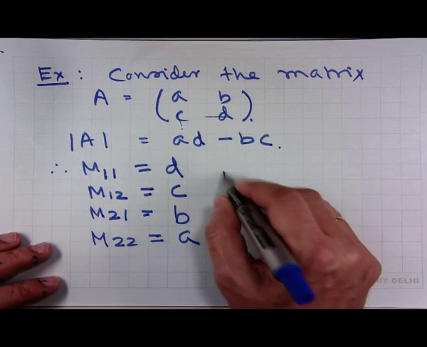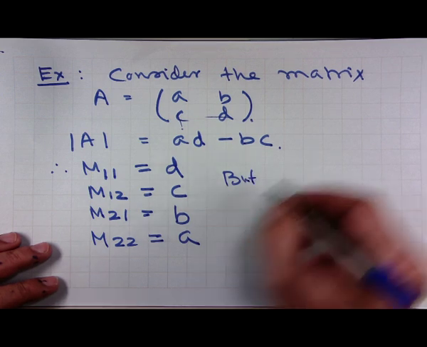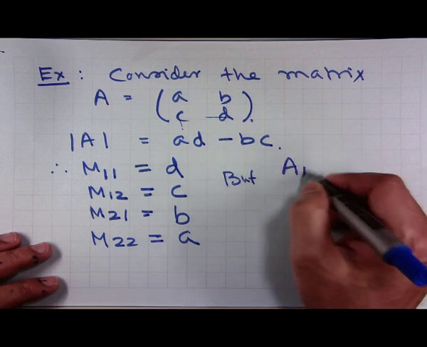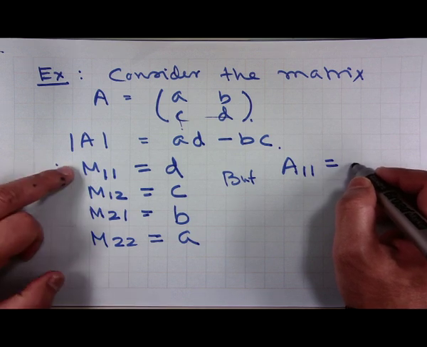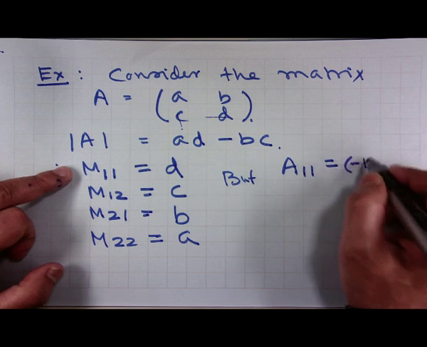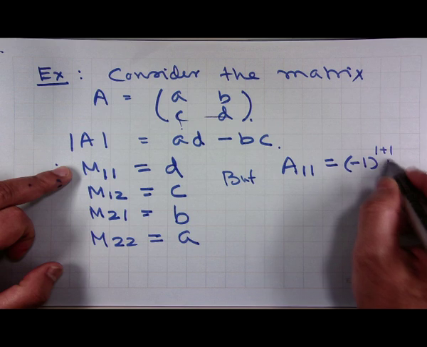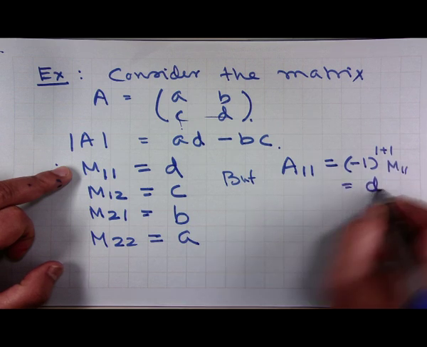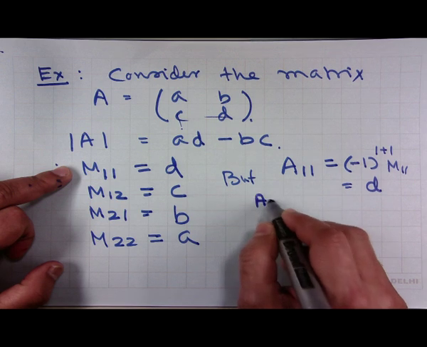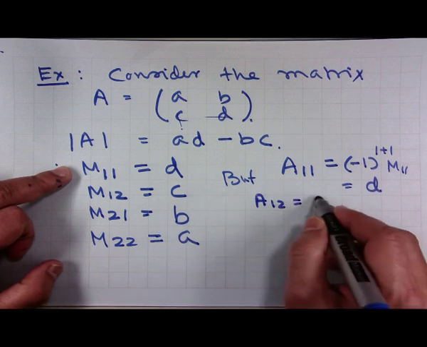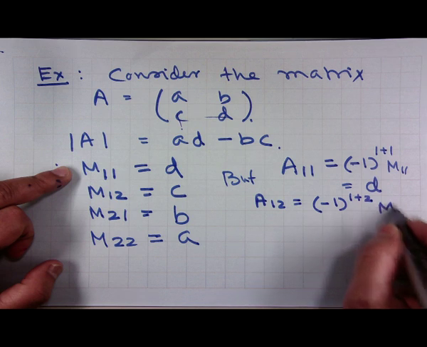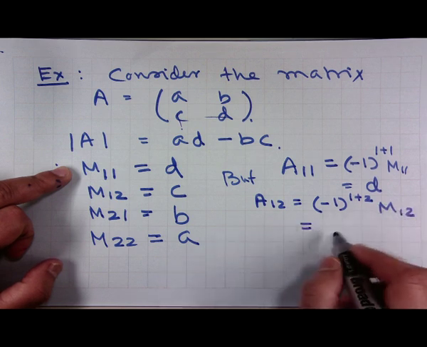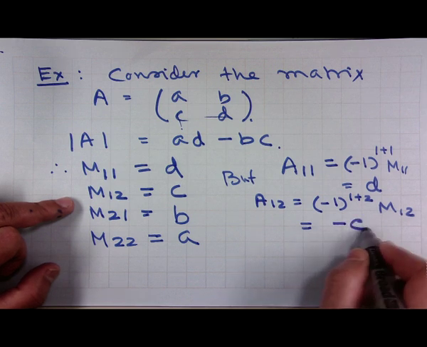But what are the cofactors? The cofactors are A11 equals (-1)^(1+1) into M11, is equal to d. A12 equals (-1)^(1+2) into M12, is equal to minus c.